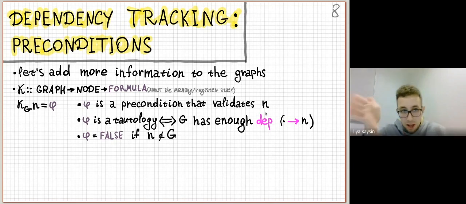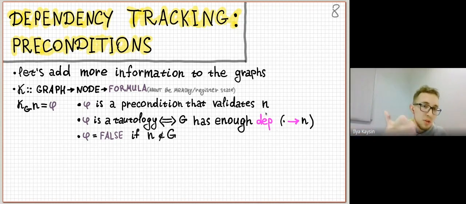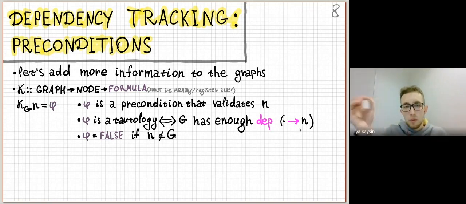So we equip every node with this formula, and we say that this node is valid if in the beginning of the execution this precondition holds. And to be valid means that this node has enough incoming dependencies. So what we add to our consistency predicate is the requirement that all the preconditions of the nodes are tautological.